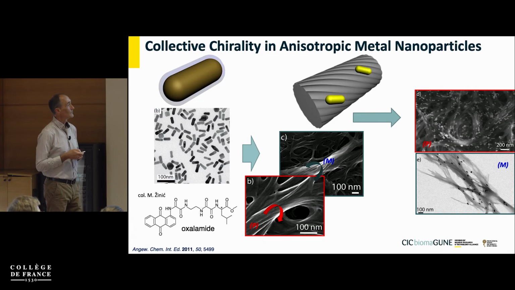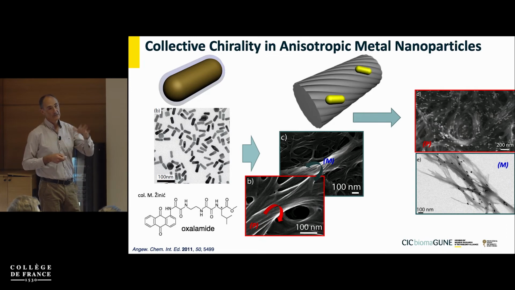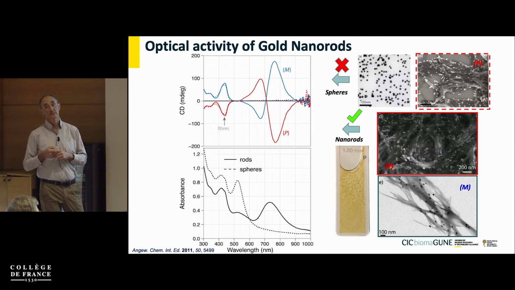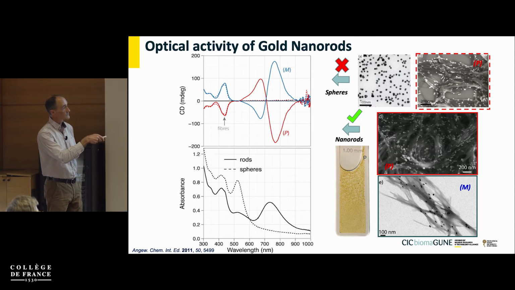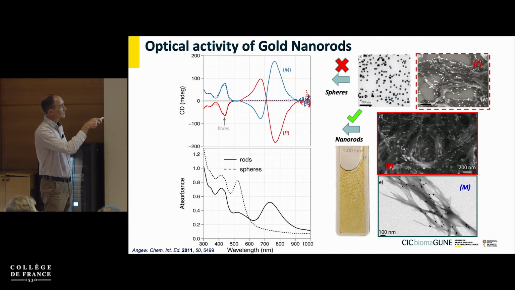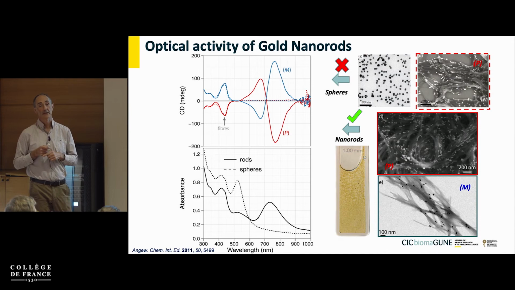But when comparing the optical activity of these samples to either a free solution of nanorods or even a similar structure with spheres, we were surprised to see that these red and blue curves correspond to the mixture of the nanorods with the gel. So very high intensity, and these peaks here correspond to the actual signal from the gel itself, but these two other ones correspond to the plasmonic chirality.